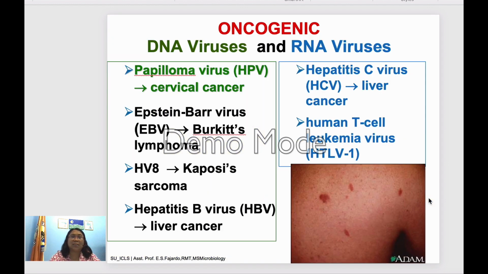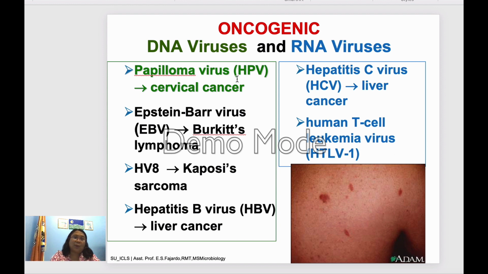So these are some examples. As mentioned earlier, we have hepatitis C from among the RNA viruses. There is a member of the retrovirus, which is also causing cancer, the human T cell leukemia virus or HTLV. This is a member of the retrovirus.